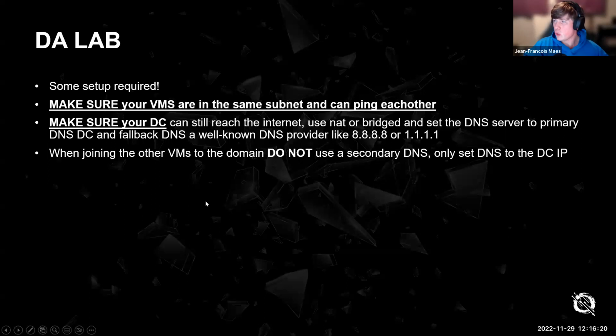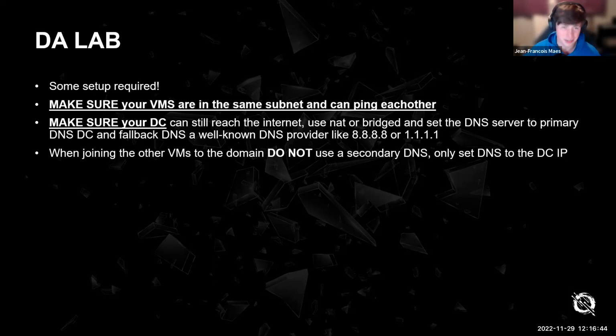Now, if you are doing this by yourself, so if you didn't download the 41 gigabytes of VMs, then you will have to do some setup. Here are some pointers. First of all, make sure that your VMs are in the same subnet and can ping each other. This sounds very trivial, but I know that this is actually sometimes hard if you forget about this.